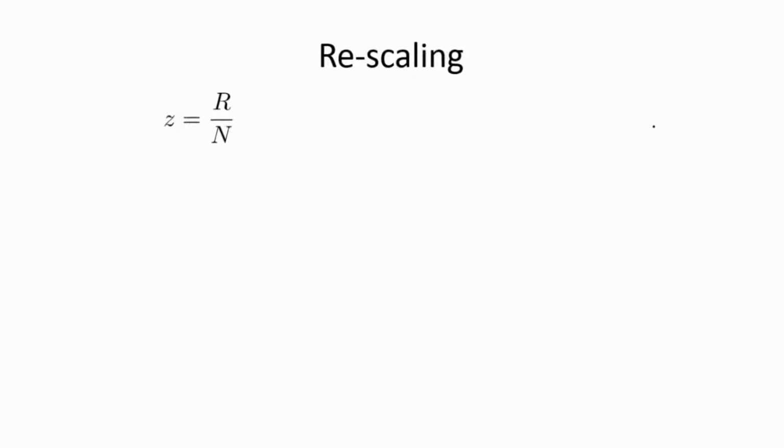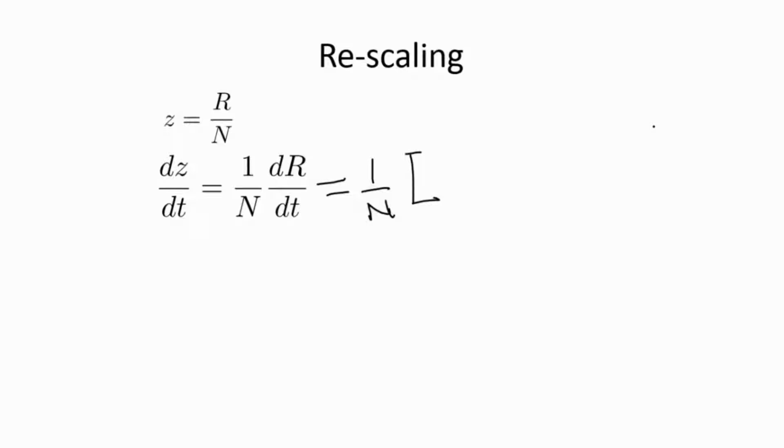And now we can do the same thing for the last state variable, z, defined as r of t divided by n, and the derivative of z becomes the derivative of r scaled by multiplying by a constant 1 over n. Right, so this is even simpler than the other expressions. This is 1 over n multiplied by p mu n minus p mu n plus gamma I minus mu r.